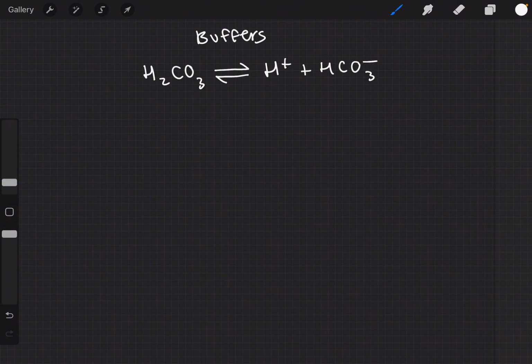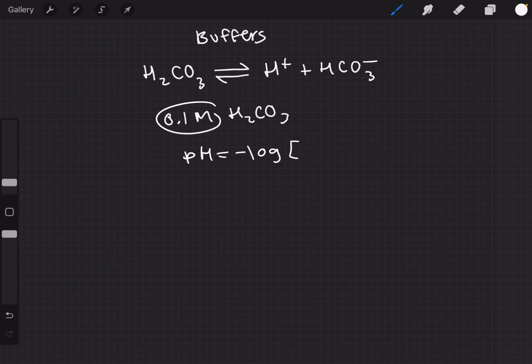And again, just to review, if, for example, you had a problem asking what is the pH of a solution that has 0.1 molar concentration of carbonic acid, you cannot plug this 0.1 into pH equals negative log of the concentration of hydrogen ions.